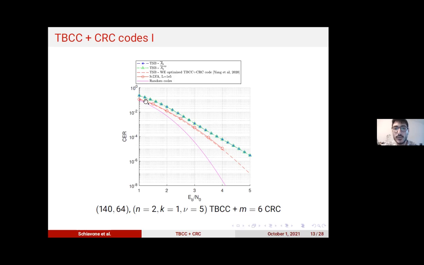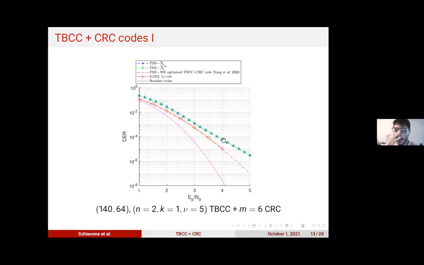If we decode our code without any interleaver, using a serial list Viterbi algorithm with a large enough list, and plot its performance using the tangential sphere bound with the first terms of the weight enumerator, which we can compute using a well-known algorithm from Yang, you see that we can do better than using an interleaver.